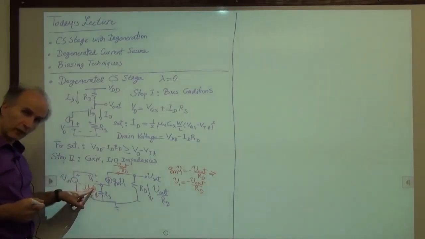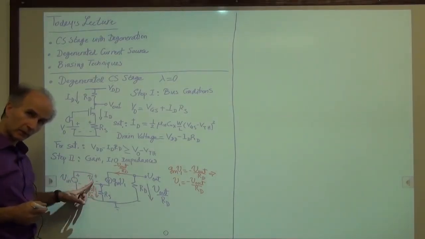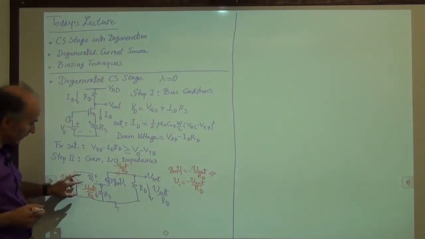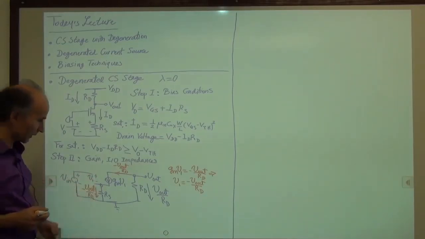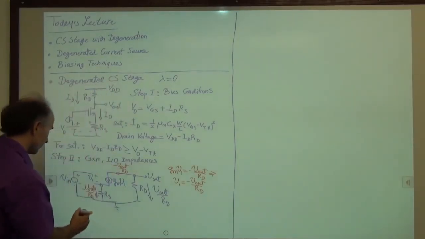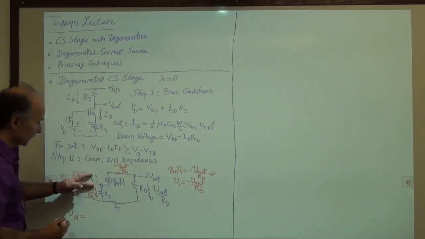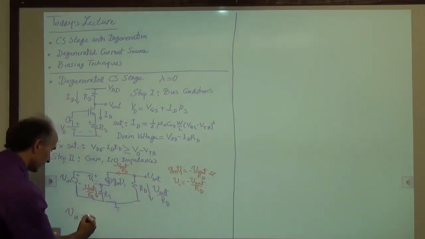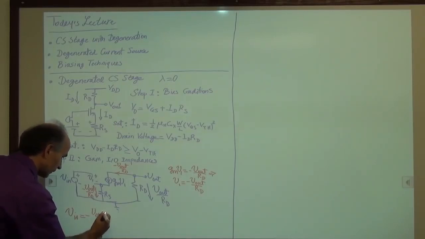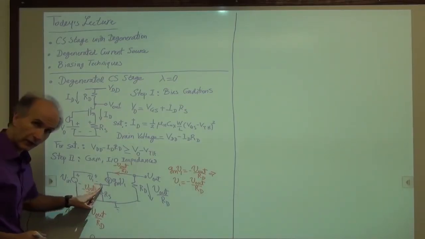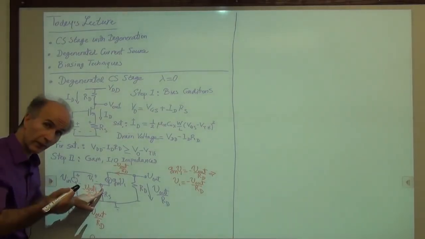Let's go ahead and write a KVL around this loop. We say V in is equal to this voltage plus this voltage, right? So V in is equal to this voltage, which we have, minus V out over gm RD, plus this voltage, which is equal to the current through RS multiplied by RS.